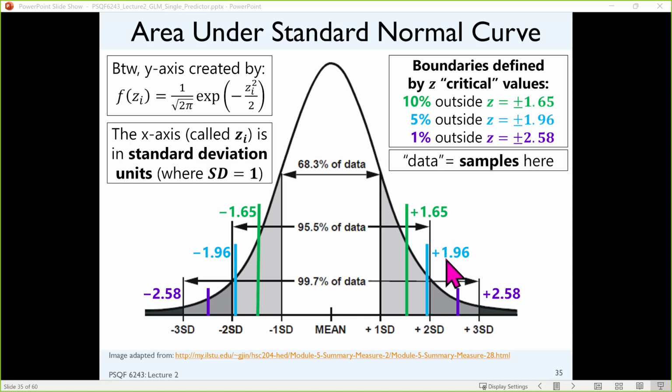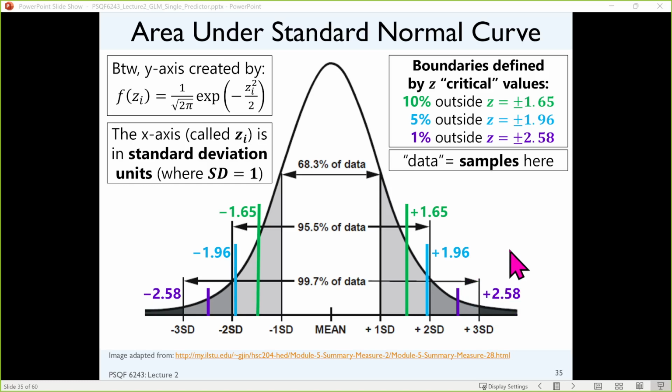If I use the blue lines, anything past here or here on the other side, this is where the idea of a tail comes from in a one-tail or a two-tail test. It's talking about the ends of these distributions as tails. Anything past the blue lines is going to happen less than 5% of the time, and anything past the purple lines is going to happen less than 1% of the time.